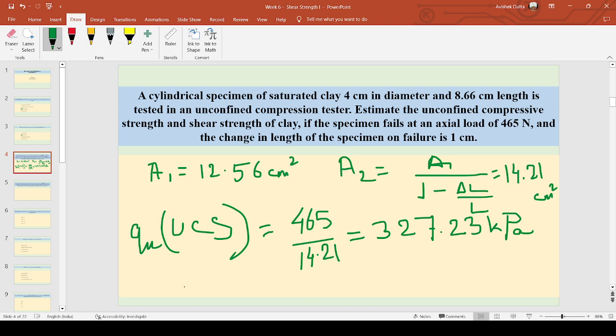Now Cu, that is the shear strength. As we all know, in saturated clay the shear strength is only a parameter concerning the cohesion because it has no friction angle.